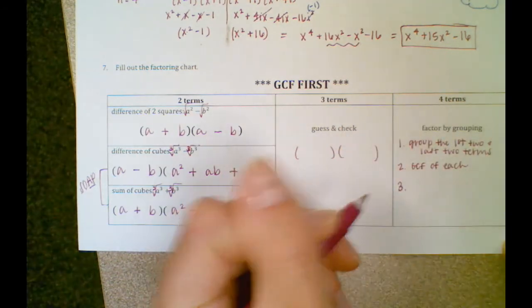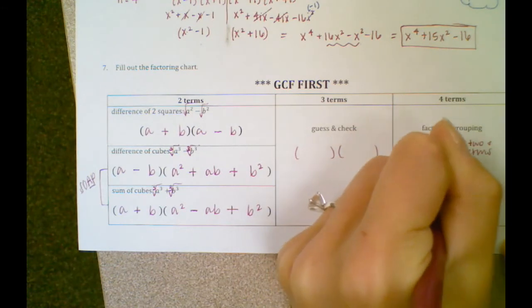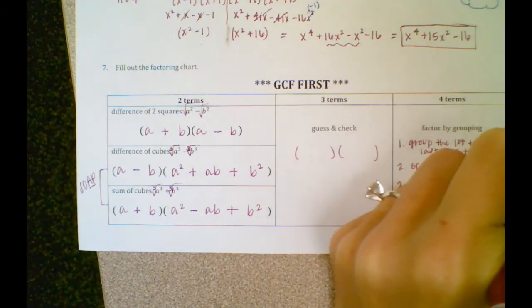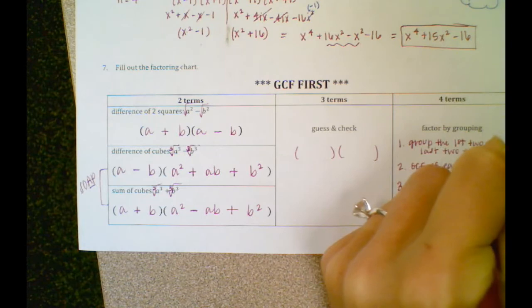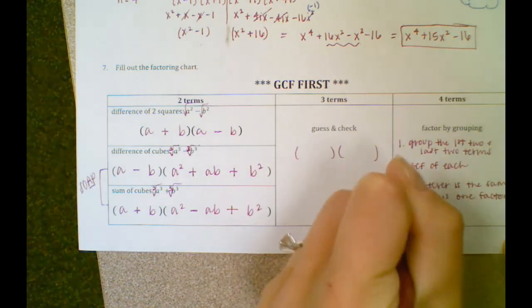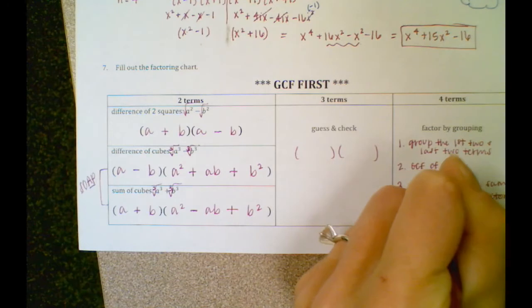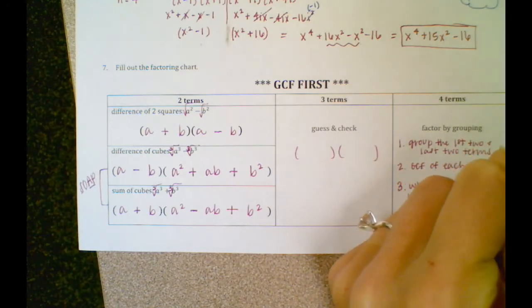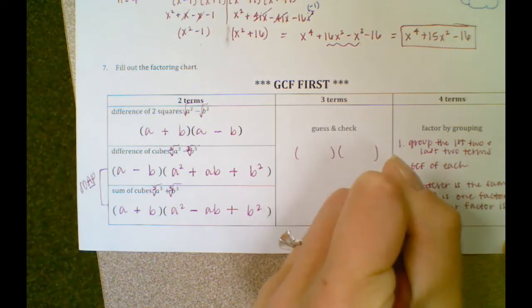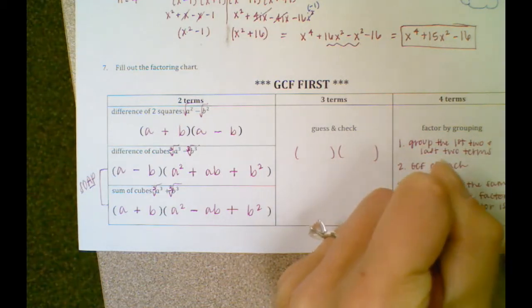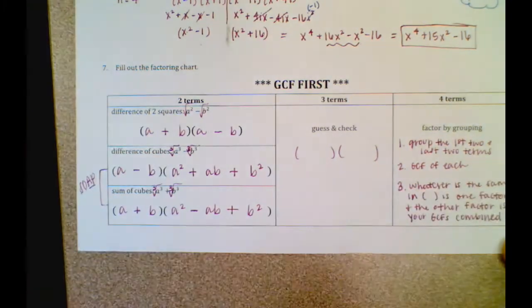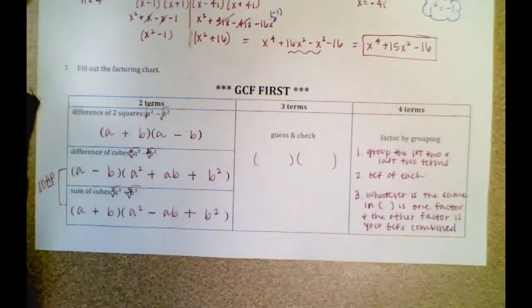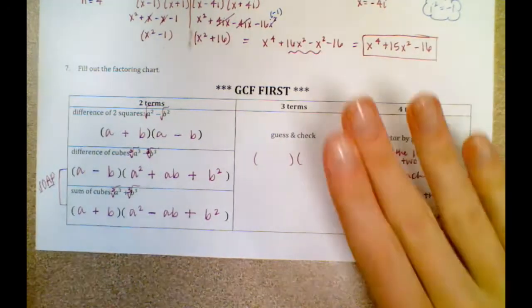Then whatever is the same in parentheses is one factor, and the other factor is your GCFs combined. I have a factoring by grouping problem later that we'll get into. So those are just the steps that were in your notes, just shorthanded. All right, let's go to the next page of the review.